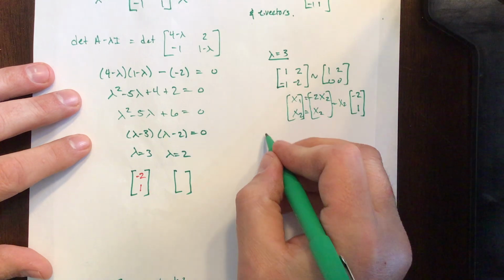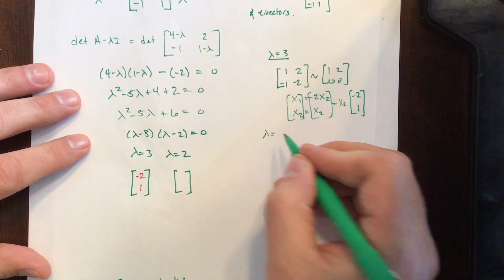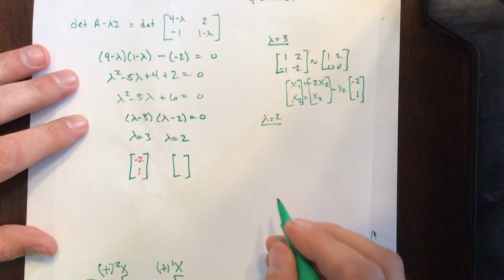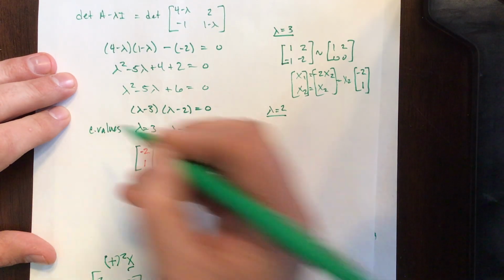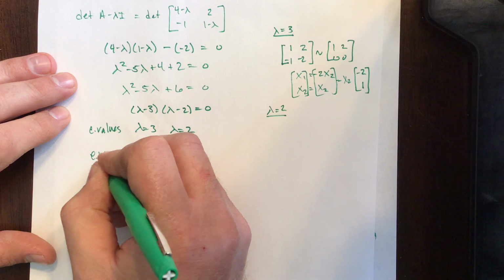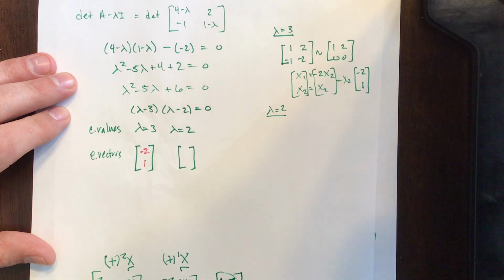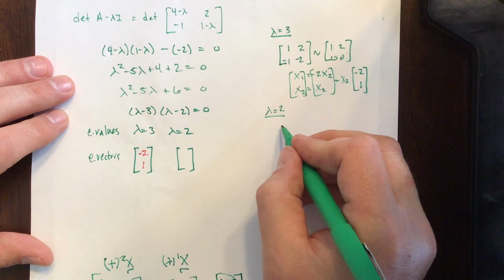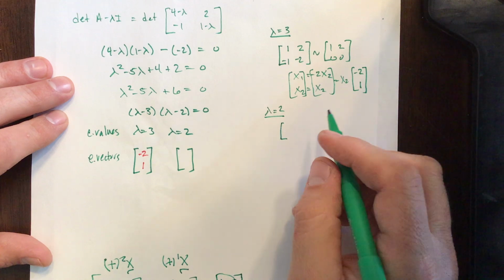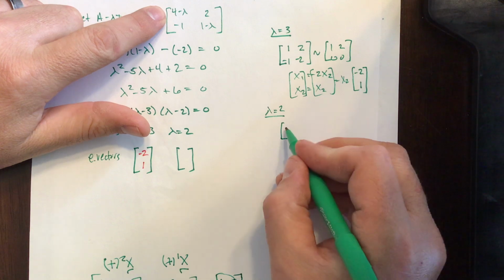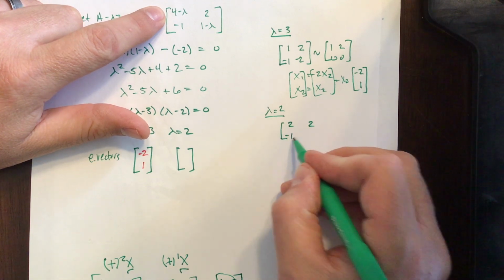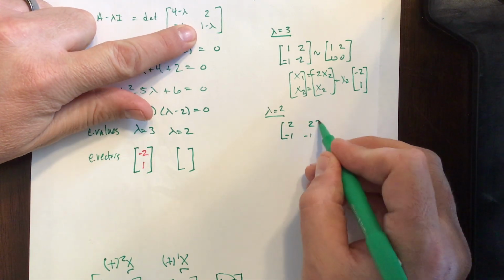Okay, and lambda equals 2. So these are the eigenvalues. These are the eigenvectors. For lambda equals 2, what's this? 4 minus 2, that's 2, that's 2, that's negative 1. 1 minus 2 is negative 1.